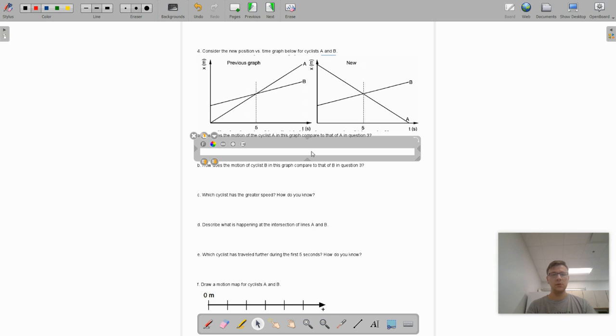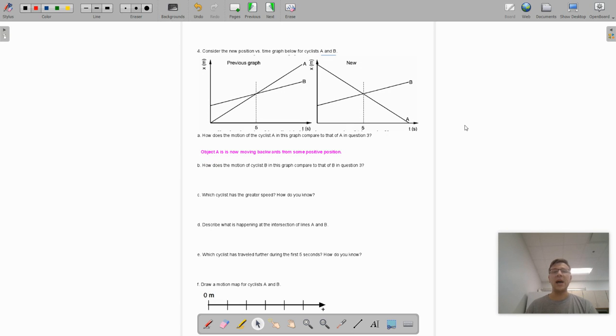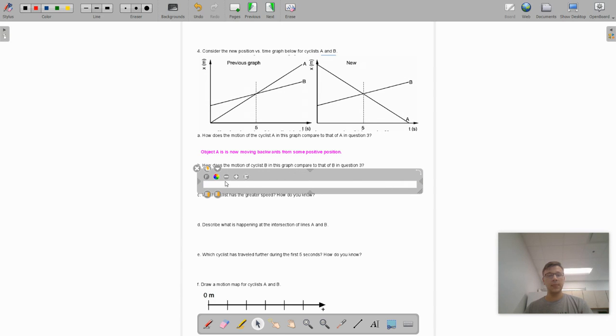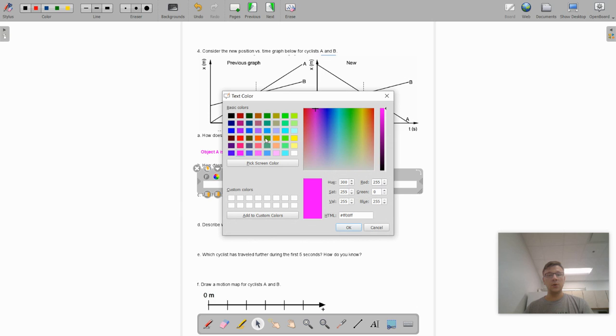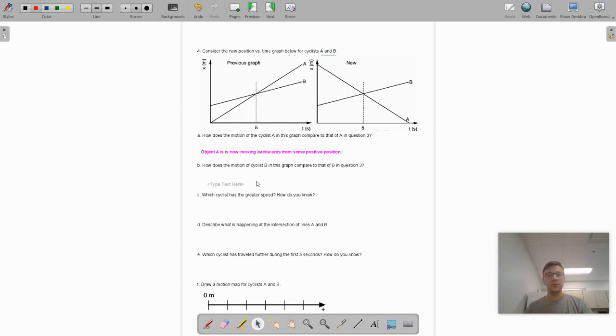So object A is now moving backwards from some positive position versus starting at 0 and moving in the positive direction. Okay. All right. So let's move on to the next one here.